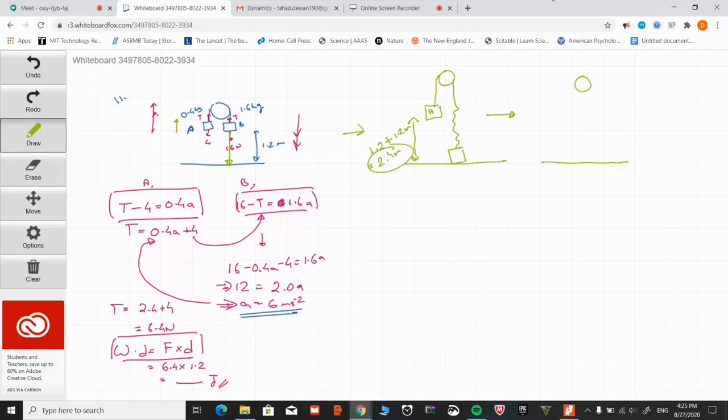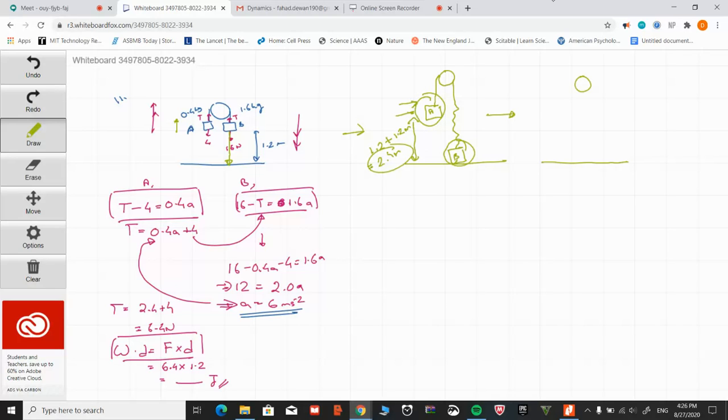Now, before we move on to the next stage, what we need to understand is what was the speed of this particle at this point? And we said the speeds of the two particles are always the same as long as the string is taut. Meaning, the speed with which B hits the ground, A has the same speed, right?